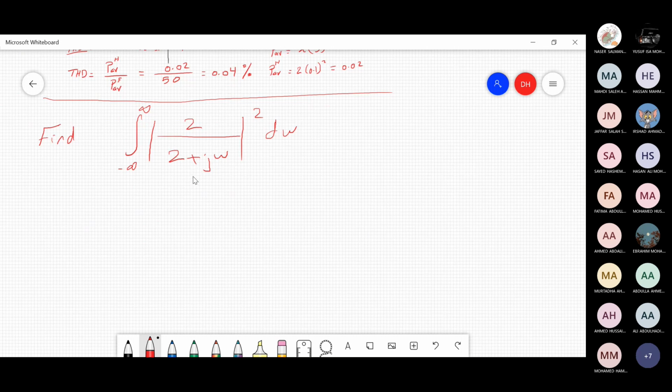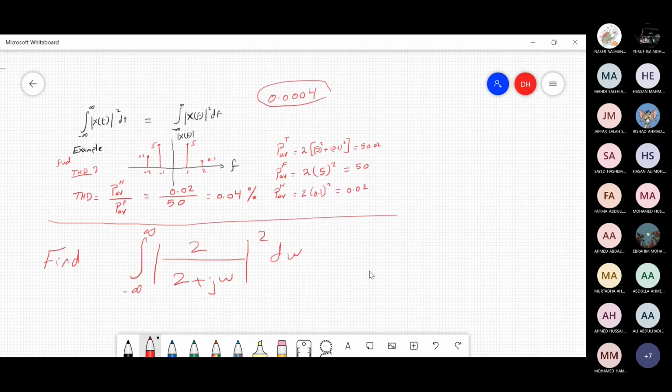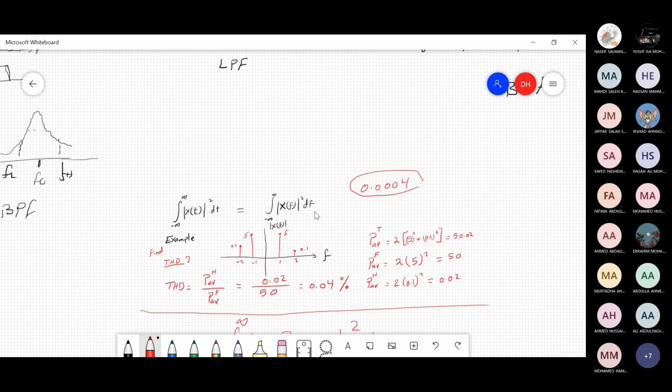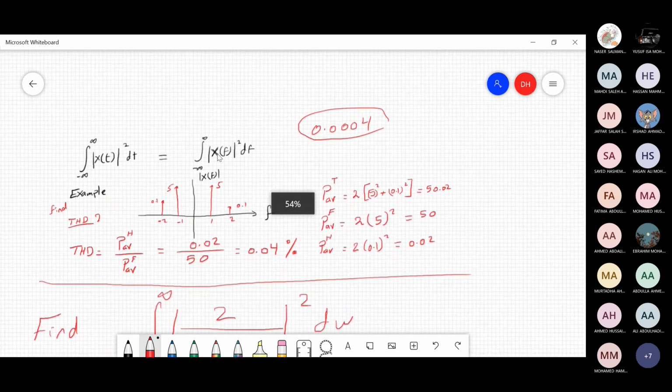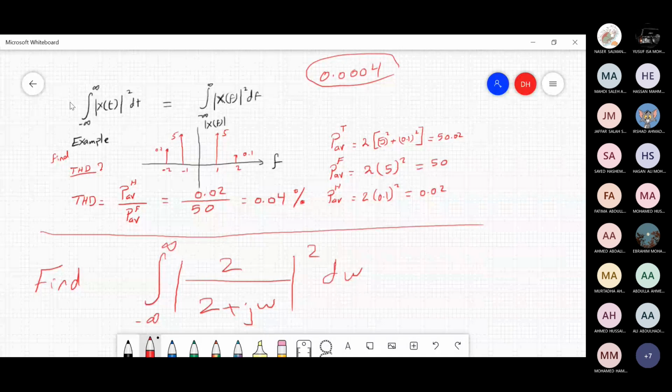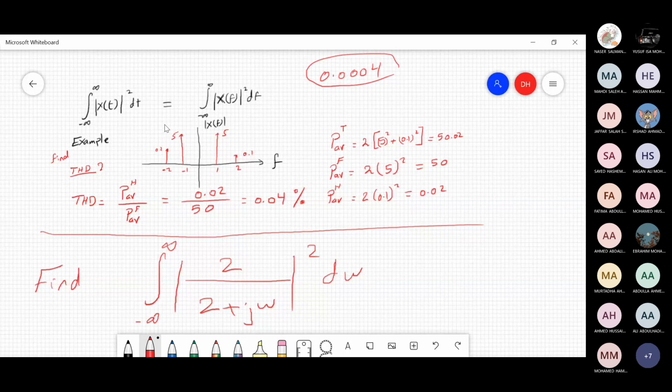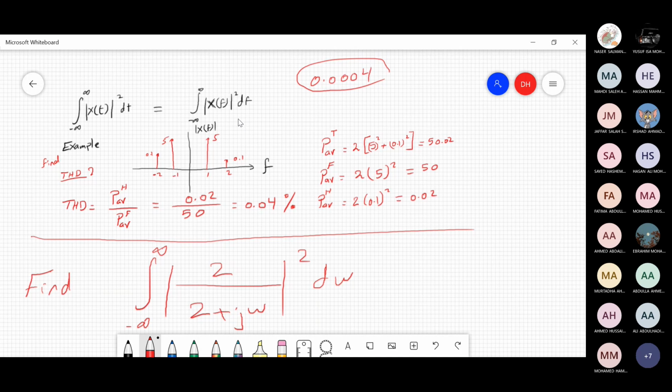We are used to working without complex here. Okay, now we have complex. But what we know from this property is that the integration from -infinity to +infinity of x(t) squared is equal to the integration of X(f) squared df.